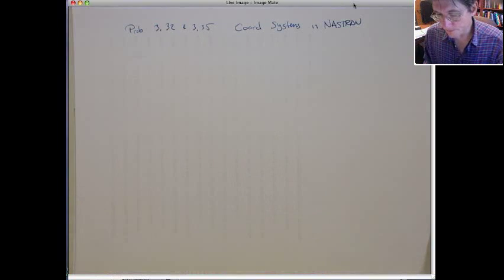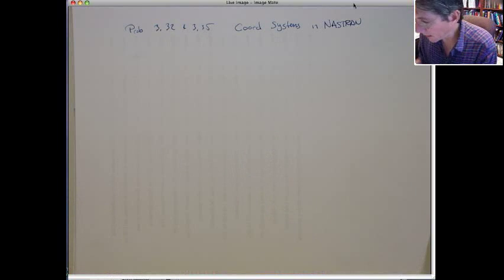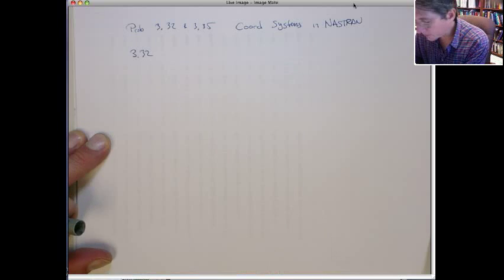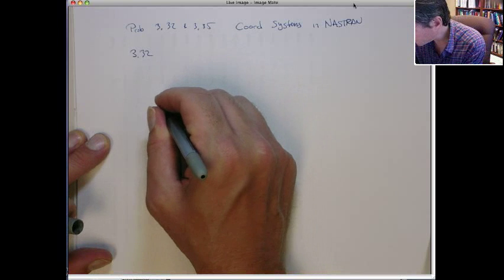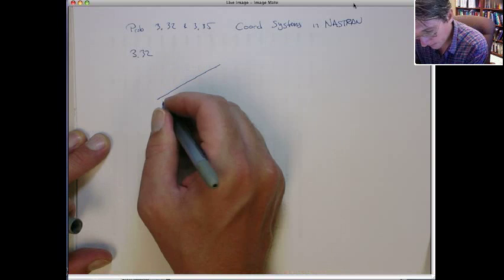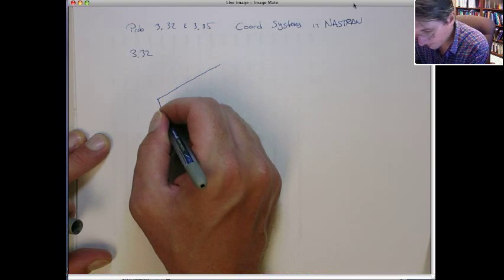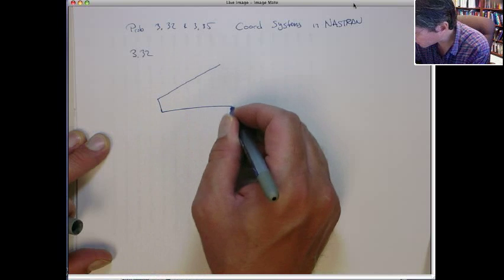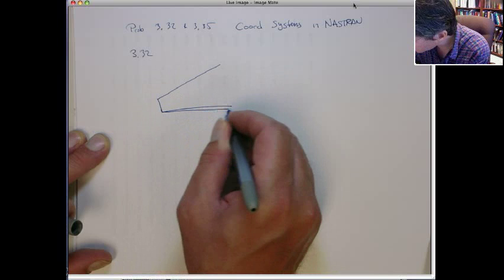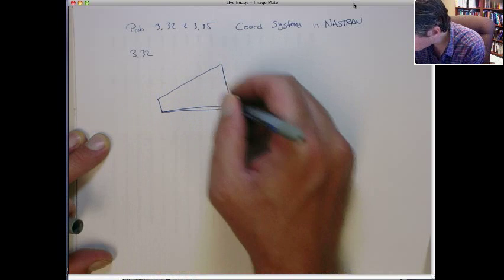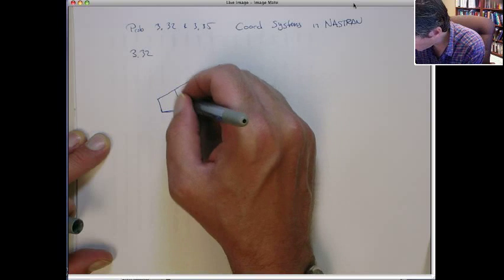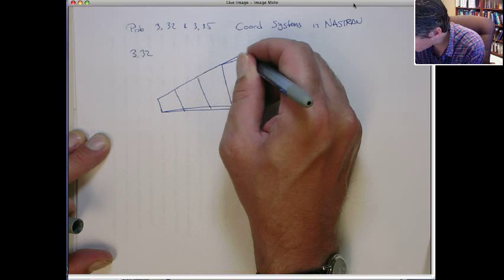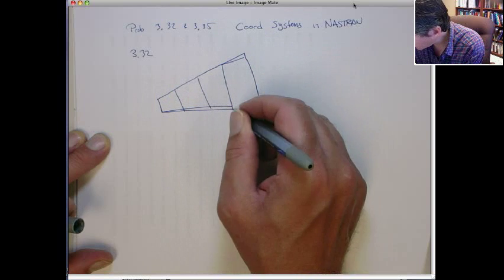So the first problem, 332, asks you to consider modeling a pressure vessel. Let's see, this should be horizontal, with a row of planar elements.